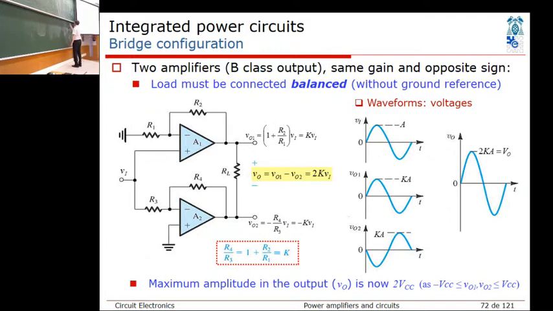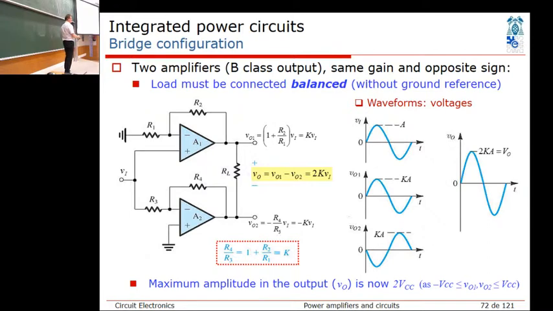So if you have plus minus VCC, it means that in between you have the voltage difference going from, if that is plus VCC, then 2 times VCC and minus 2 times VCC, compared to VCC and minus VCC. Doubled the output voltage, meaning 4 times more power, with the same power supply voltage.